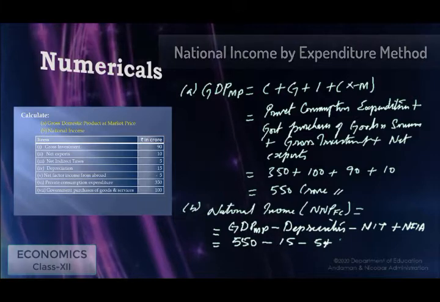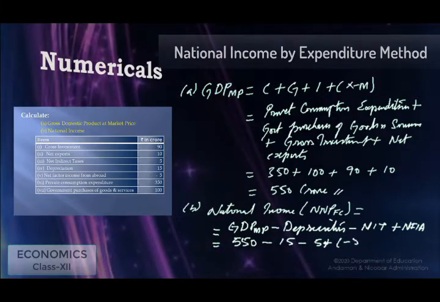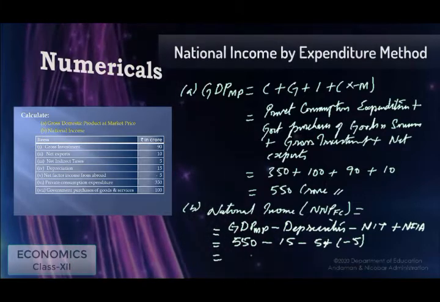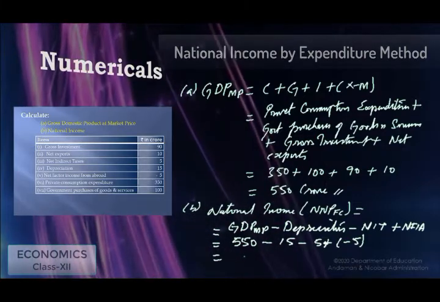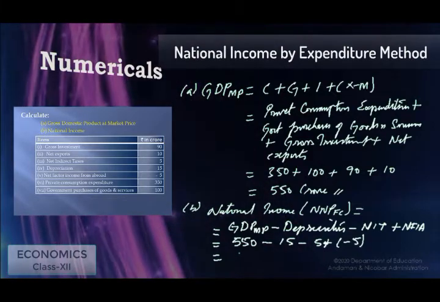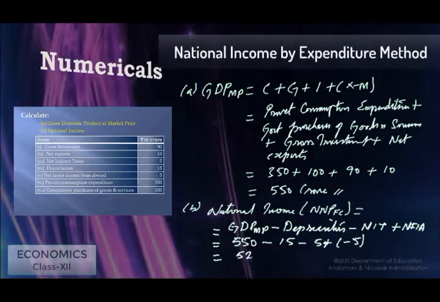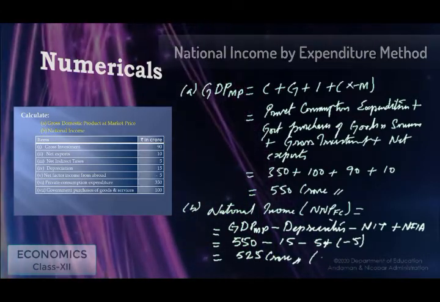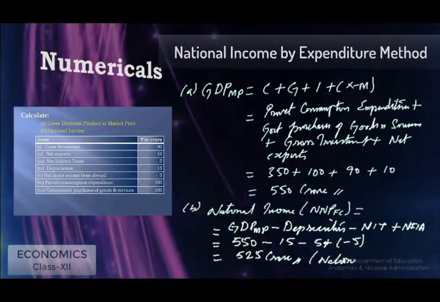Look at the table carefully, the net factor income from abroad is given as -5. So by adding these values together, we get the value of NNP at factor cost, that is the value of national income as 525 crores. That is the value of national income.